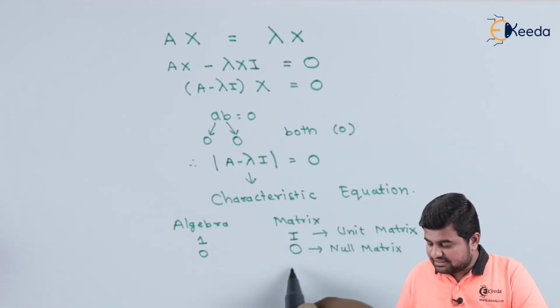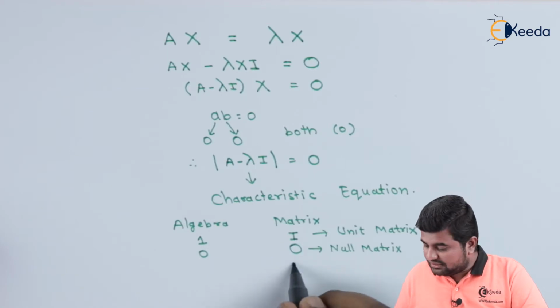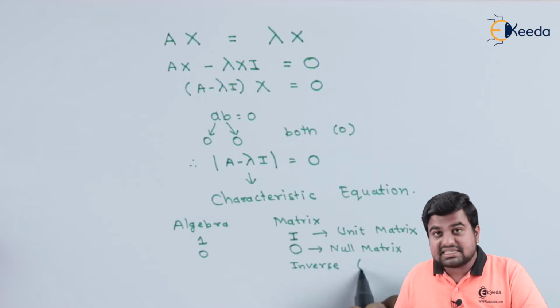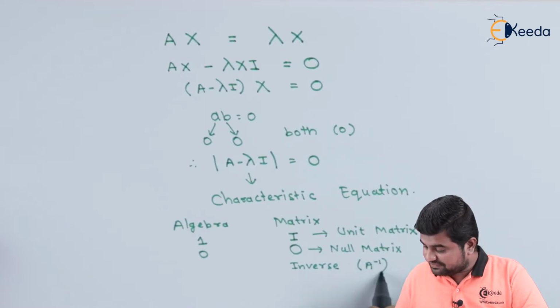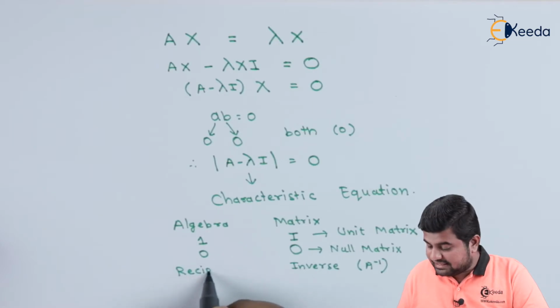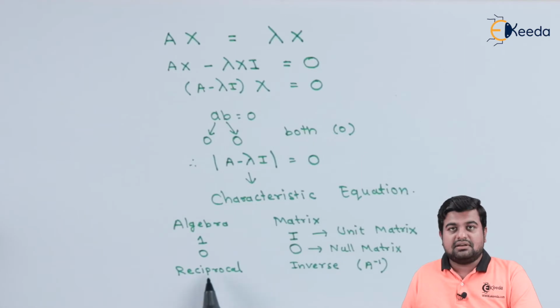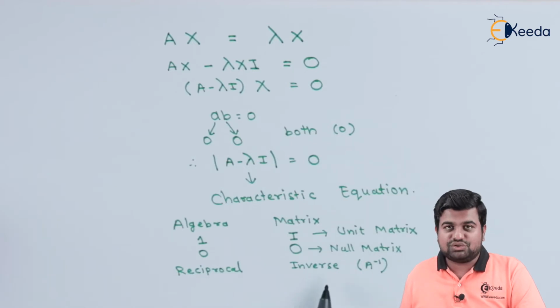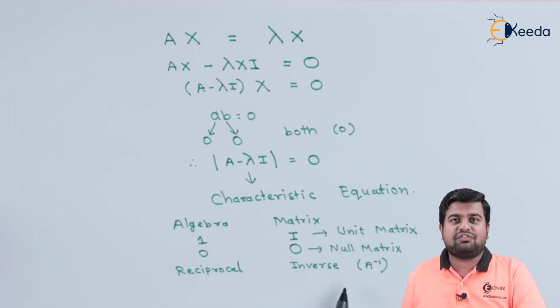In this particular case, when we talk about inverse, which is A inverse, we can have reciprocal as the analogy. When we have x, we can have A. When we have 1 upon x, we can have A inverse. So all these analogies will apply and will derive at few results.